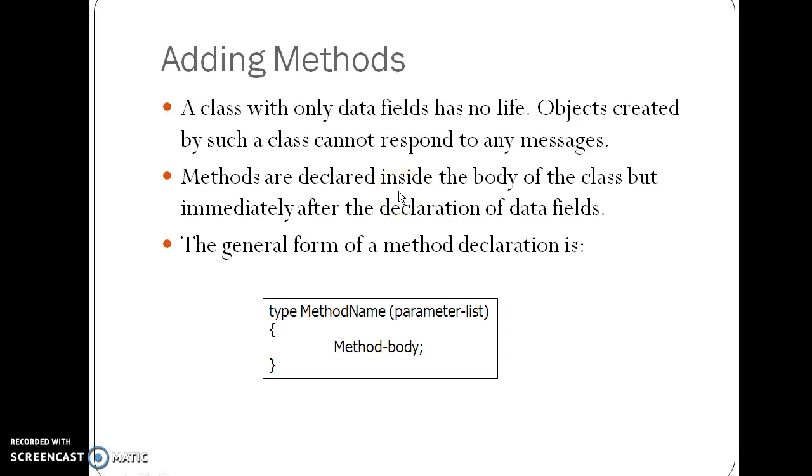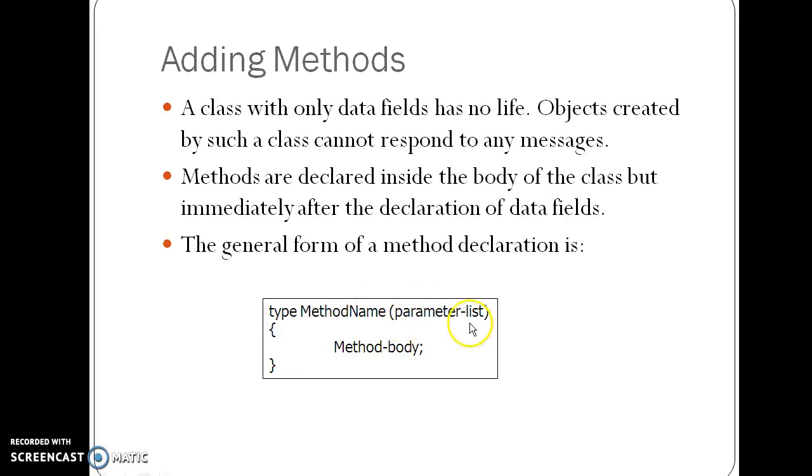Now let us see how to add a method into the class. A class with only data fields has no life, so objects created by such a class cannot respond to messages. So methods are declared inside the body of the class, but immediately after the declaration of data fields. The syntax for declaring a method is like normally we declare member functions: the type, that is the return type, and the name of the method.